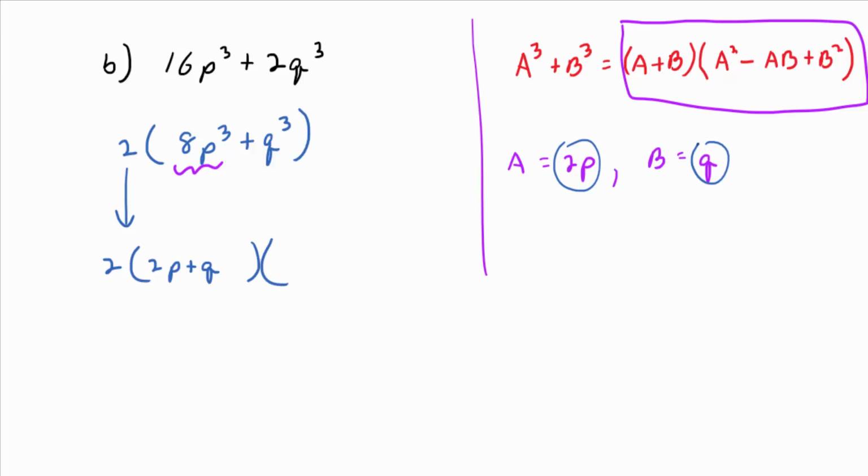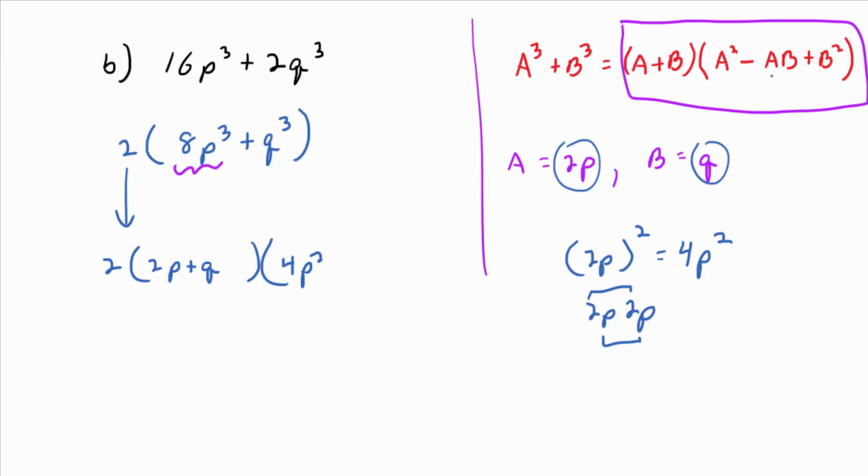What's a squared? So what is 2p squared? 2p times itself would be not 4p, but 4p squared, right? So 4p squared, does everybody see that? Take 2p, write it out if you need to. 2p times 2p, multiply the constant parts together, multiply the p's together, you get 4, and then p times p is p squared.